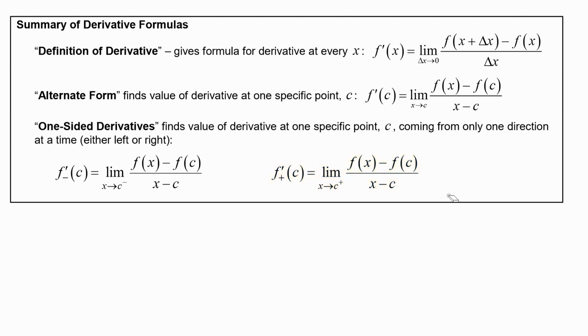So these one-sided derivatives use the alternate form, and both of these, meaning the alternate form and the one-sided derivatives, are evaluating the derivative at one specific point, x equals c. Whereas the definition of derivative gives the formula that would allow you to find the derivative anywhere.